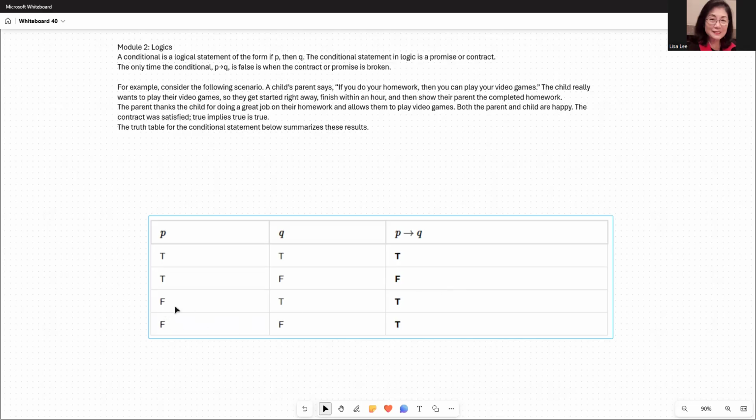If P is false and Q is true, then P implies Q is true. If P is false and Q is false, then P implies Q will be true. They both are false, just like our algebra: a negative with another negative becomes a positive, right?